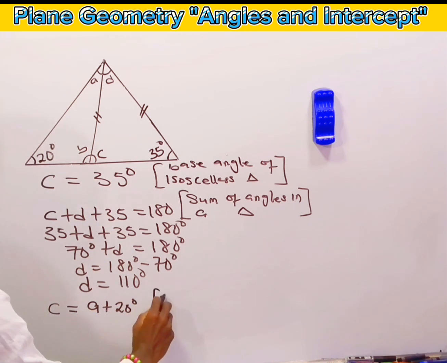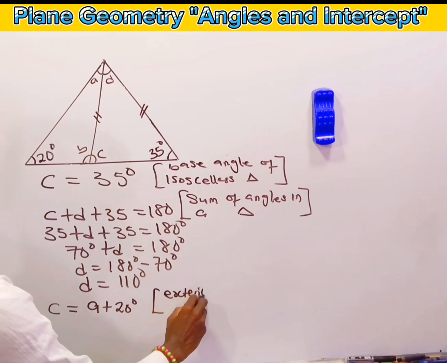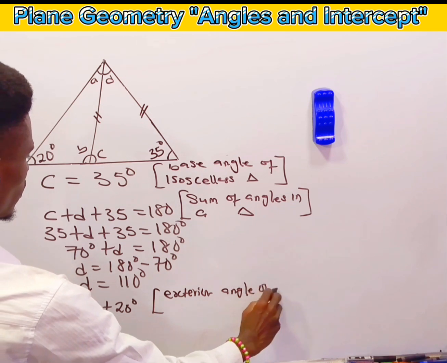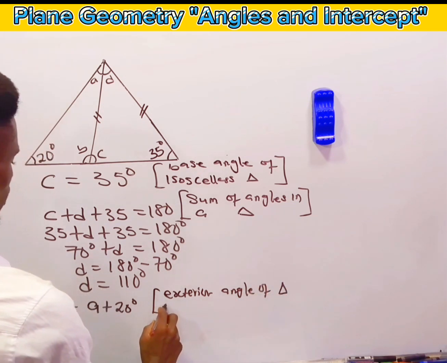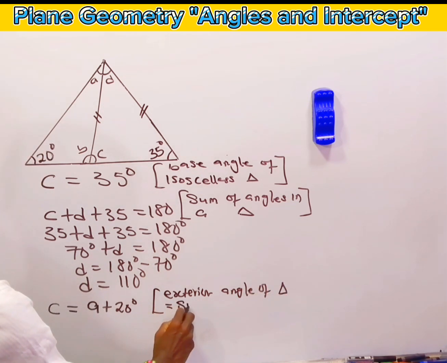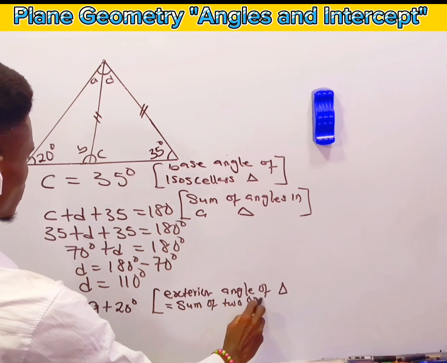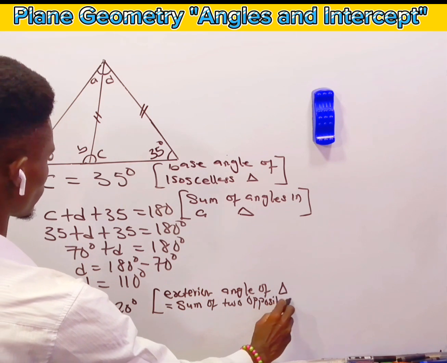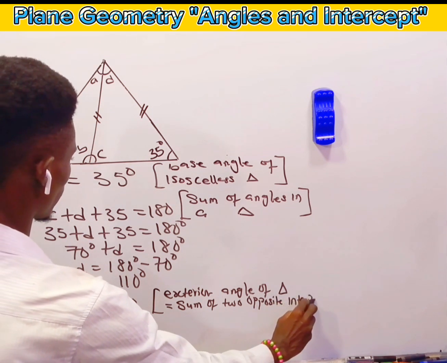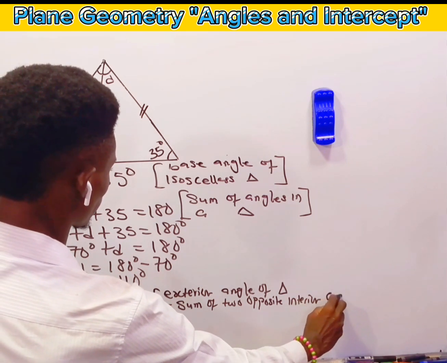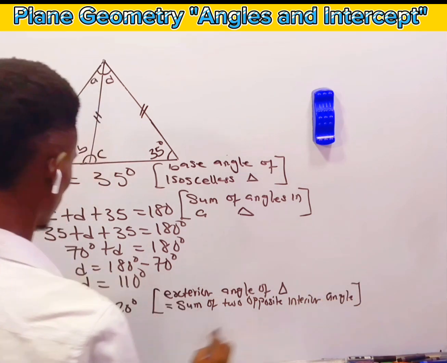The reason: exterior angle of a triangle is equal to the sum of two opposite interior angles.